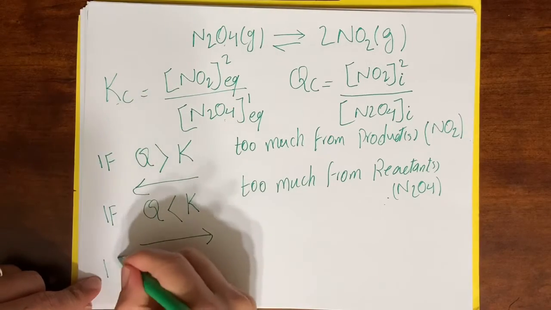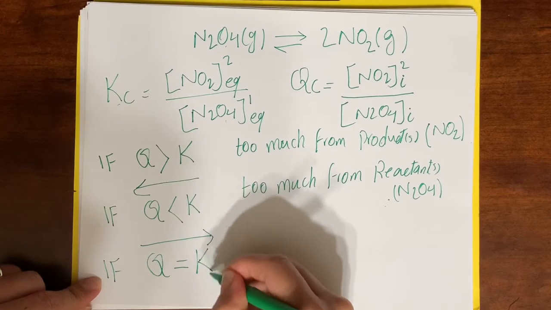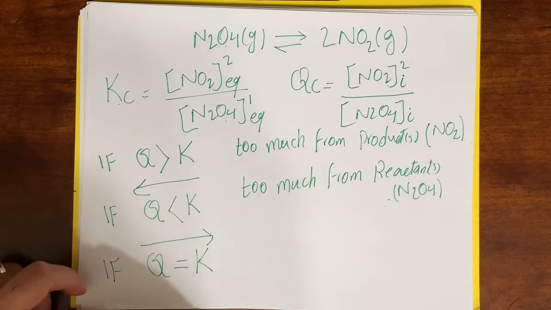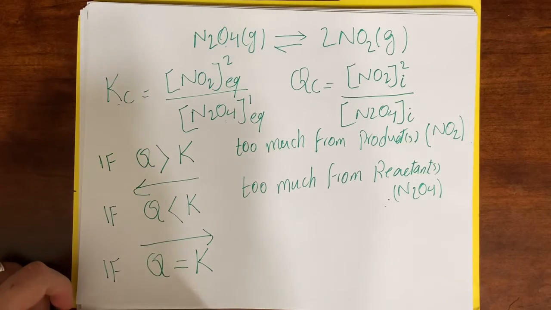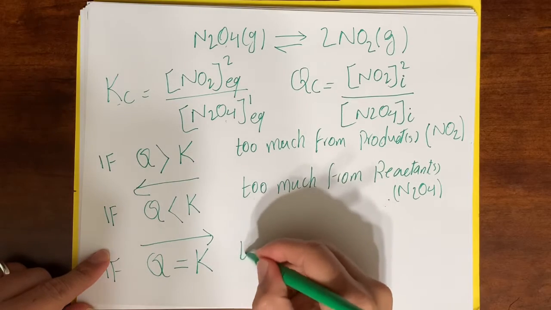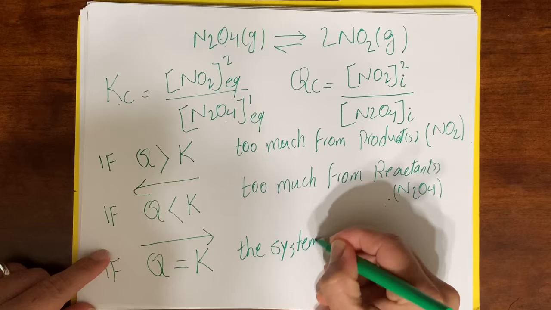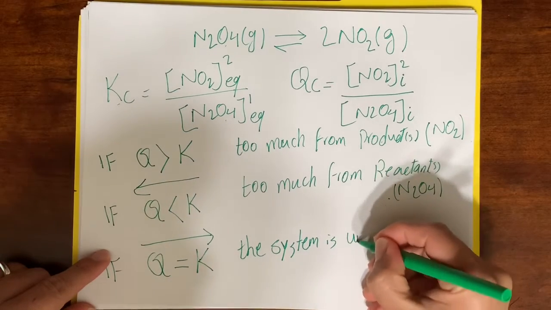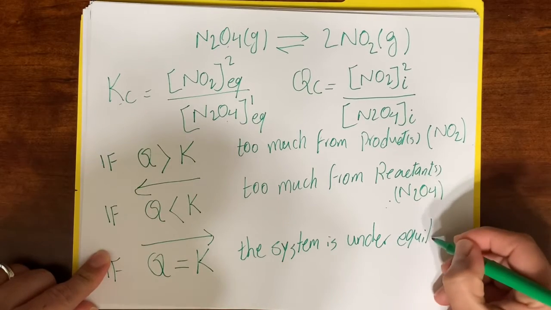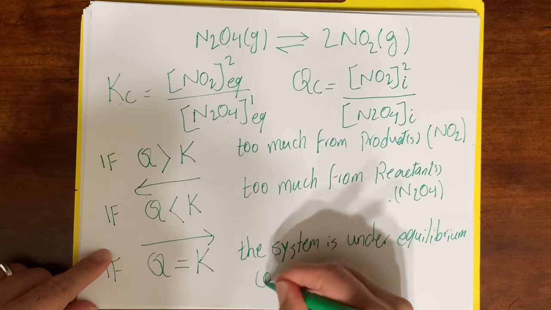And if Q is equal to K, in that case we are dealing with equilibrium concentrations, or we are under equilibrium condition. So you can say the system is under equilibrium condition.